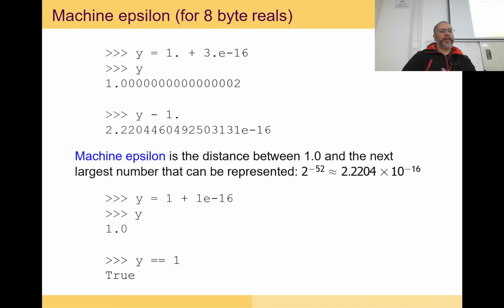So if you check whether y is equal to 1, it says true. This is important for us because in scientific computing we tend to add or subtract numbers where one number may be much smaller or much larger than the other number. So we have to be careful about these ideas.